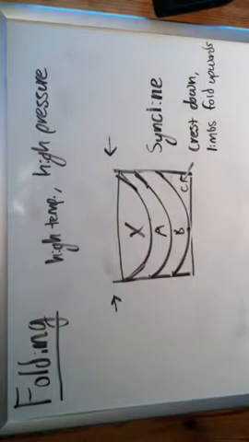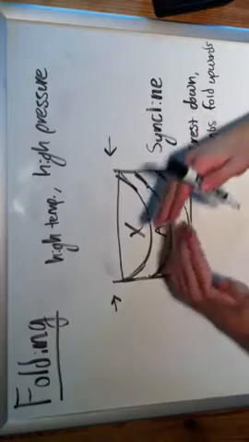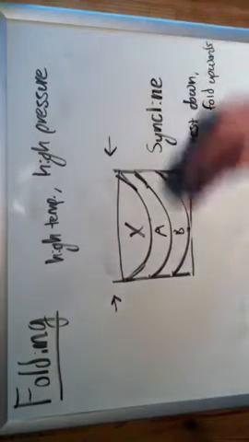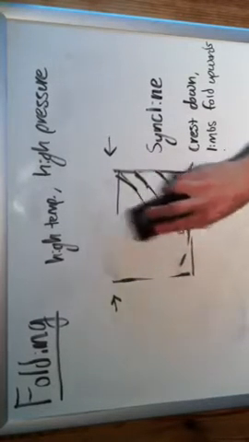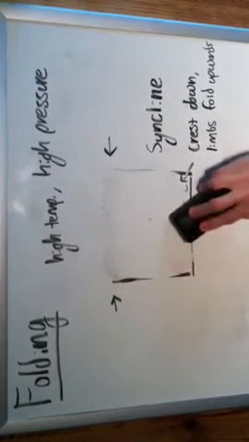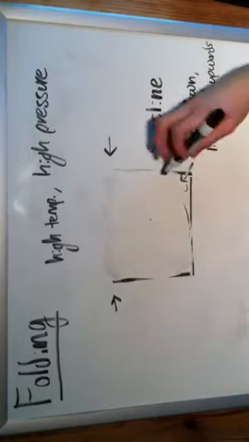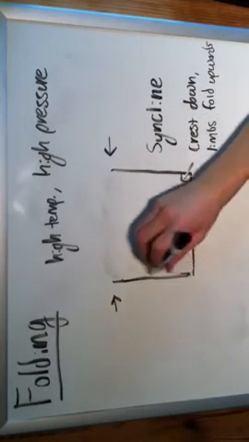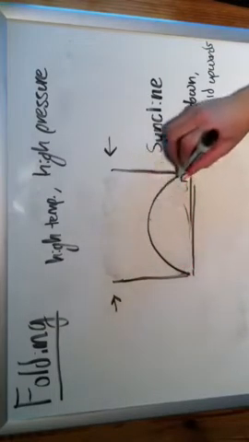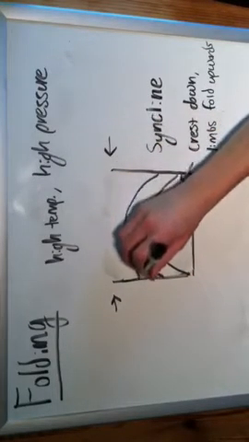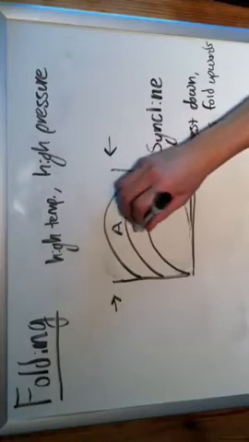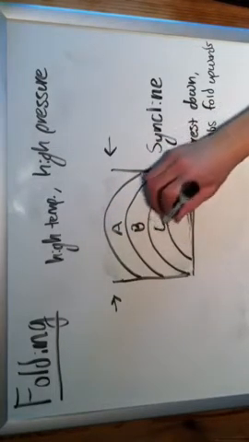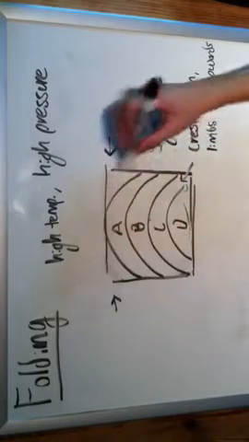Now, of course, this isn't the only thing that can happen when you have compressional stress like this. If you think about it, we could also have them pushed upwards rather than downwards. So we can just rearrange the image slightly to show what that looks like. So maybe we've got something like this. Maybe A, B, throw another one down there, C, D's down there.